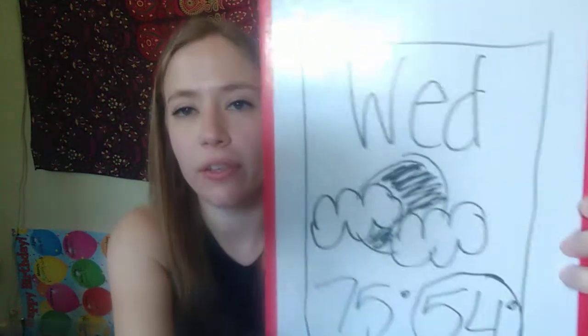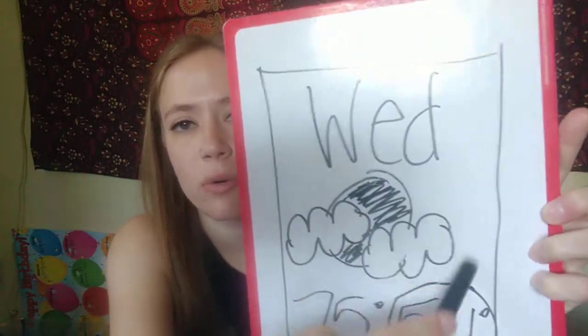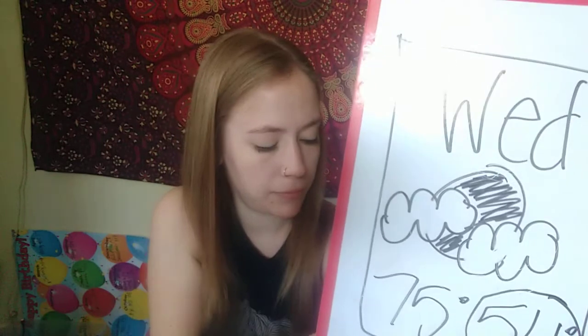All right. And then what type of weather are we going to have today if this is our weather picture? And if you said partly cloudy, you are correct. So it will be partly cloudy today. And that makes sense. Like I said, I see mostly blue skies, but there are some clouds.